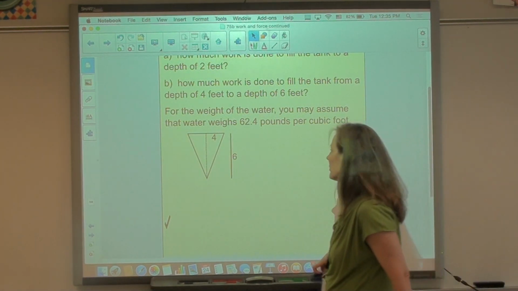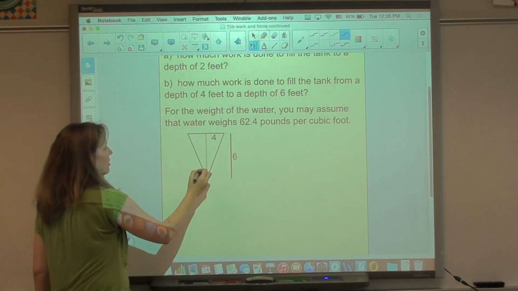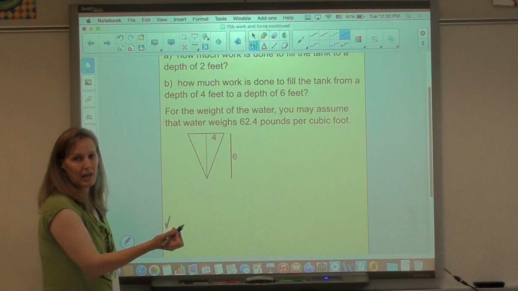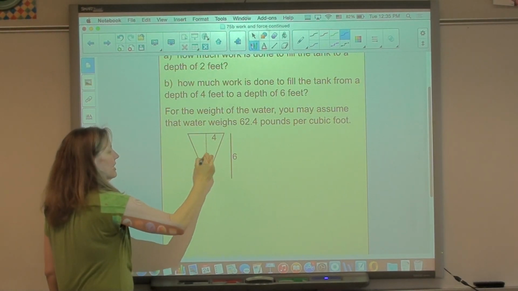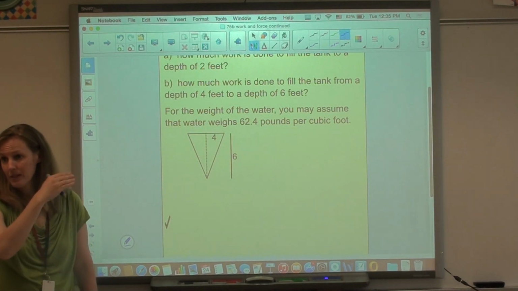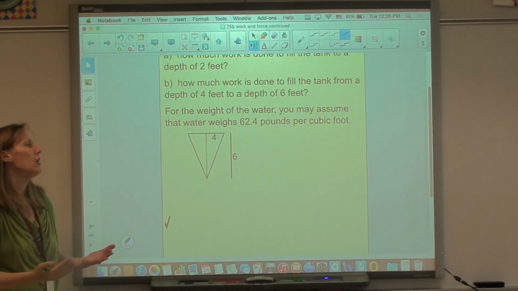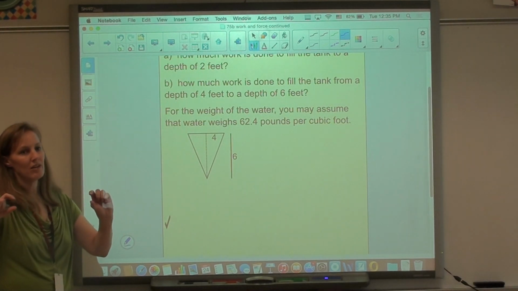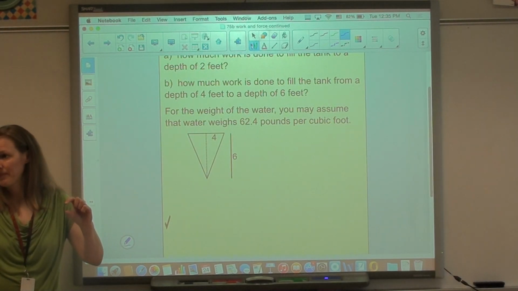So basically we're going to take this container and slice it into little mini cylinders. Remember when we did volume of the container? It was basically the same thing. We sliced it into a million little cylinders and added all the cylinders together, right? So what we have to do here is just find the area of the cross section, and then the height of the cylinder is going to be our dy.